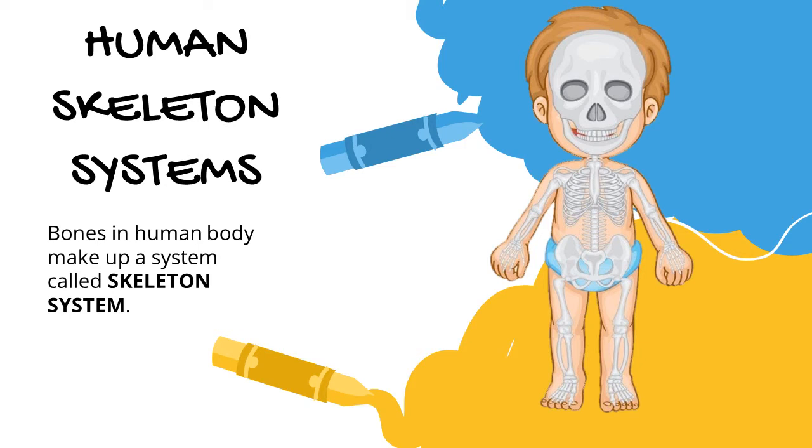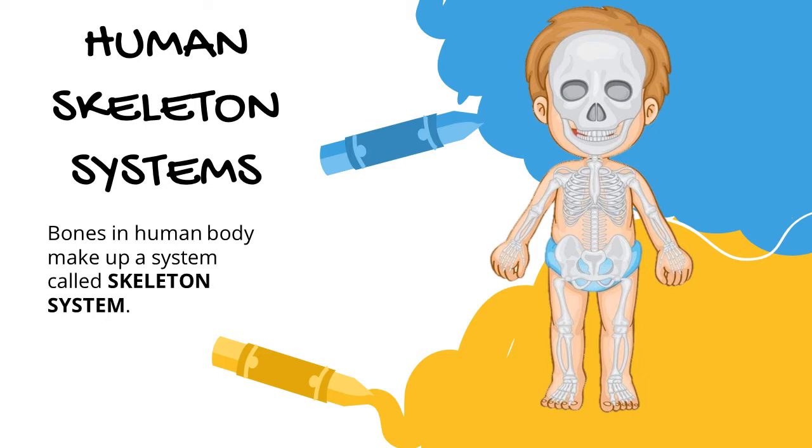As you can see in the picture here, the boy, inside our body, we have many bones. Bones in the human body make up a system called the skeleton system.